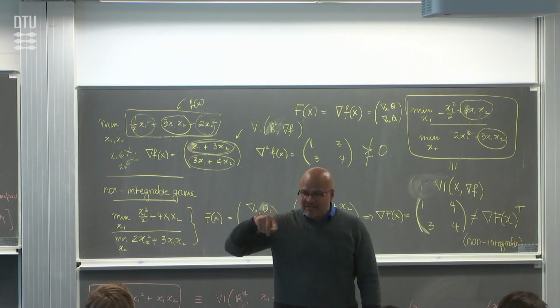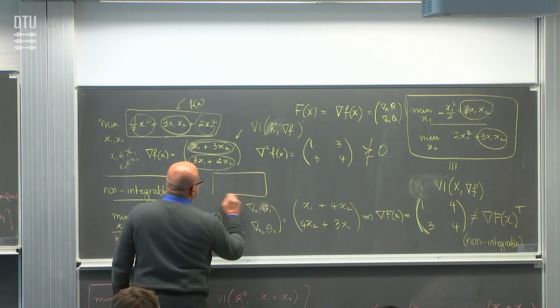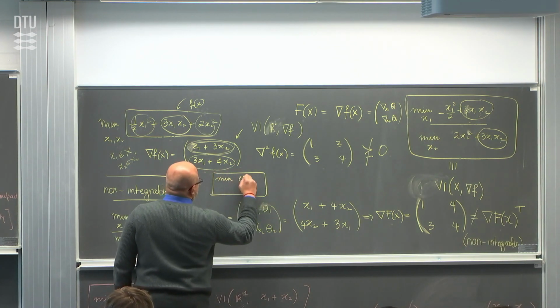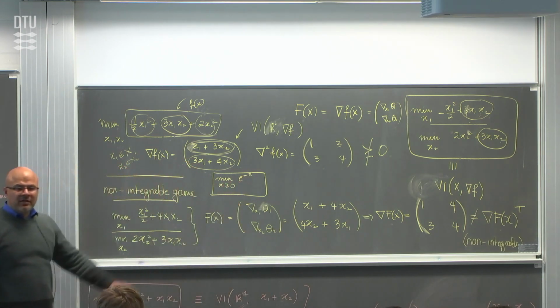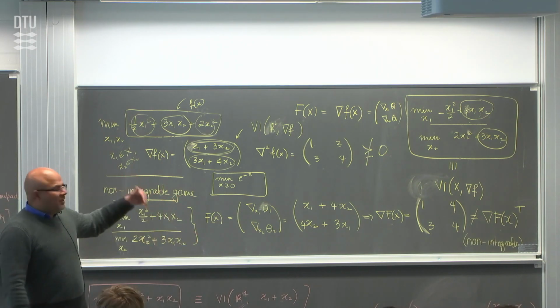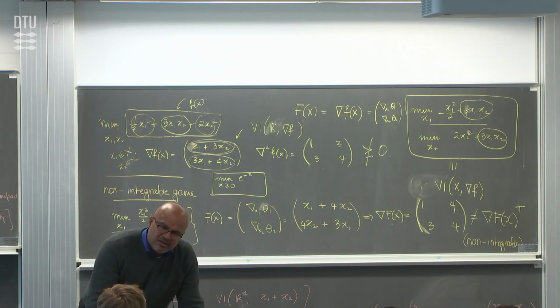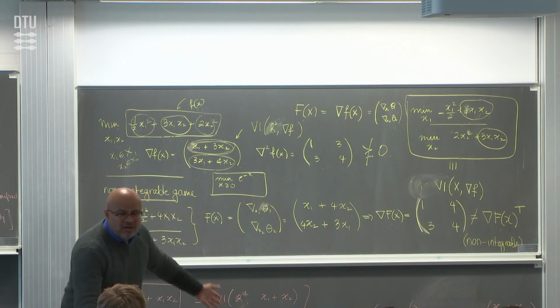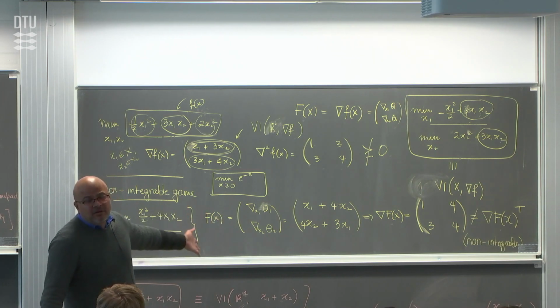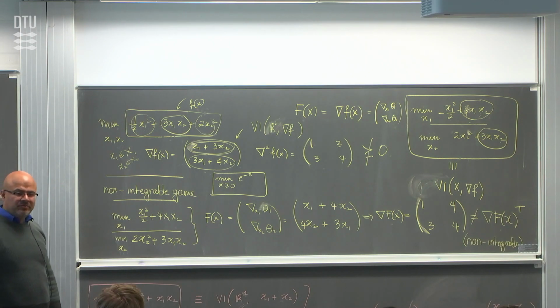If you minimize e raised to minus x, the minimizer, which is also a stationary point, occurs at infinity. So whether you get stationary points with finite norm, I don't know, it depends, but assuming you can get one, then yes, that stationary point is an equilibrium.